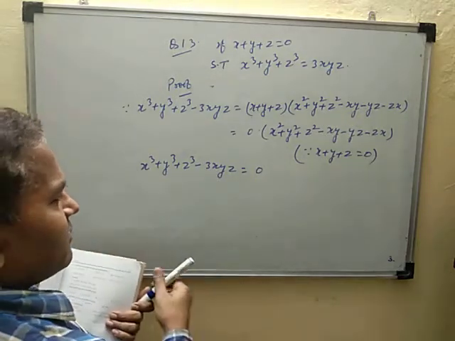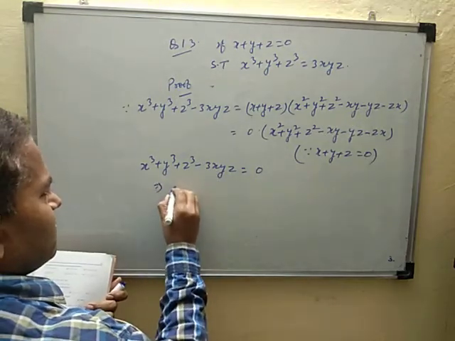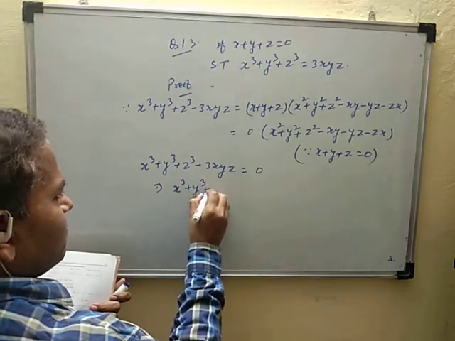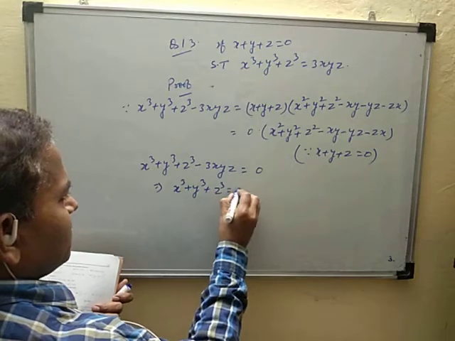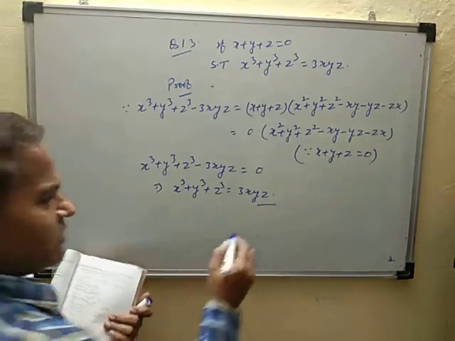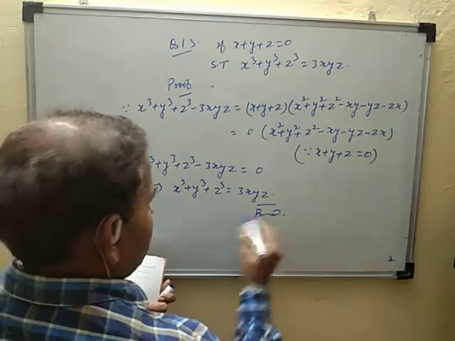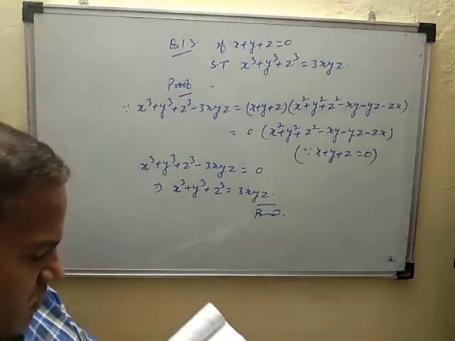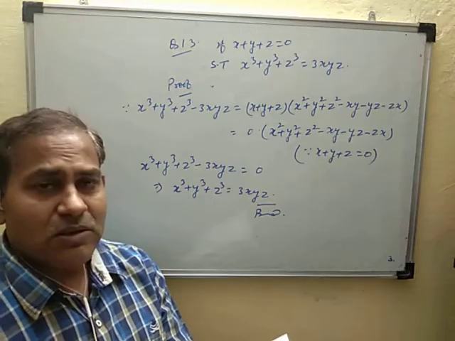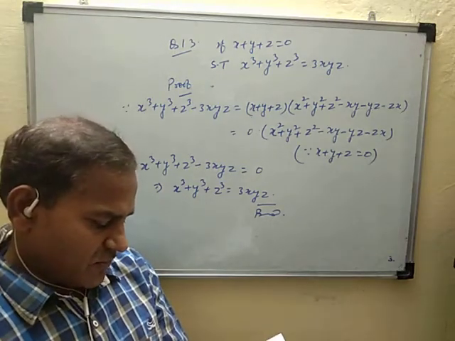Taking this term to the right side, this implies x cube plus y cube plus z cube is equal to 3xyz. Proved. So question number 13 is completed. Now question number 14.